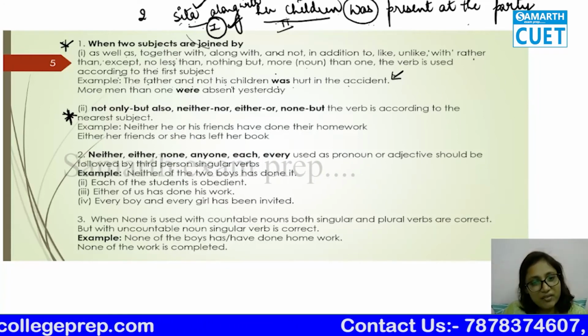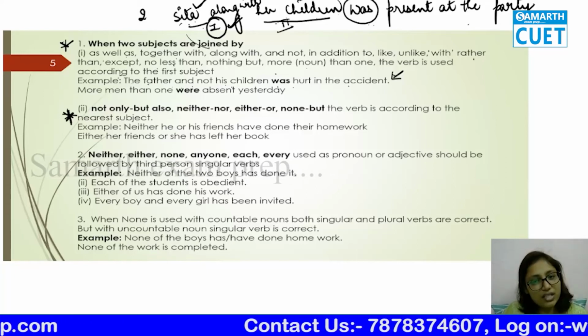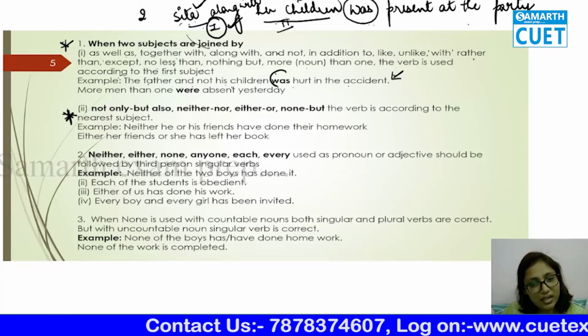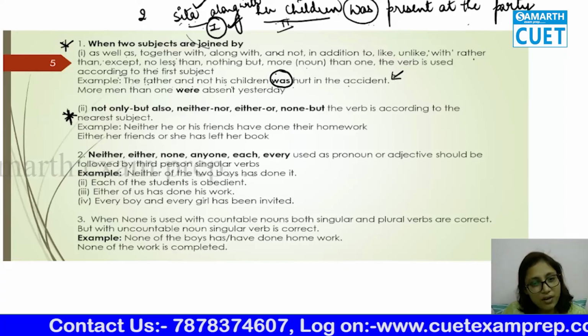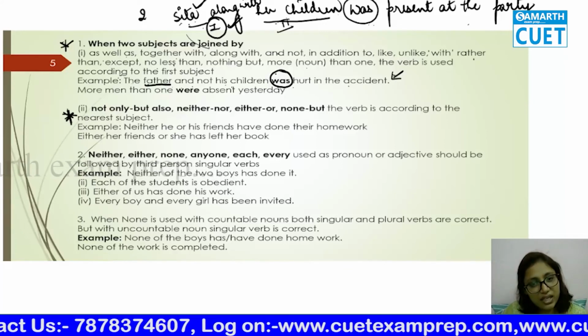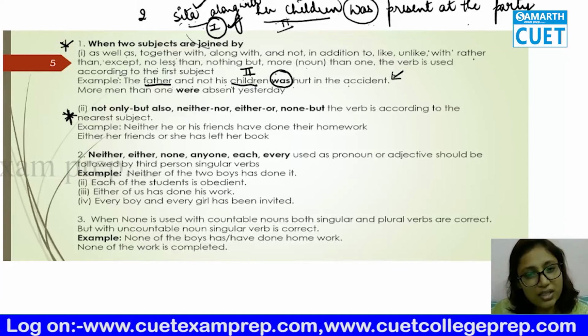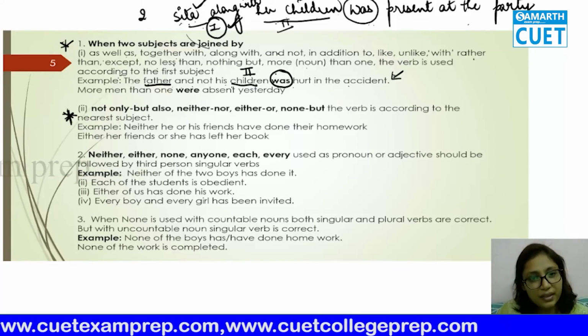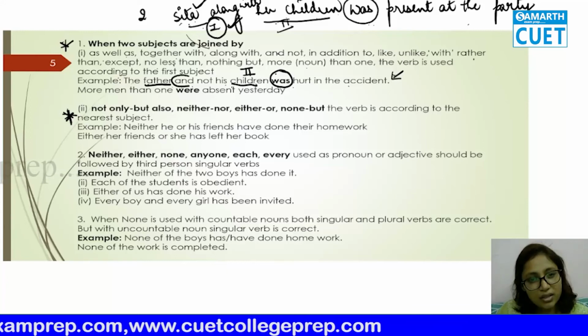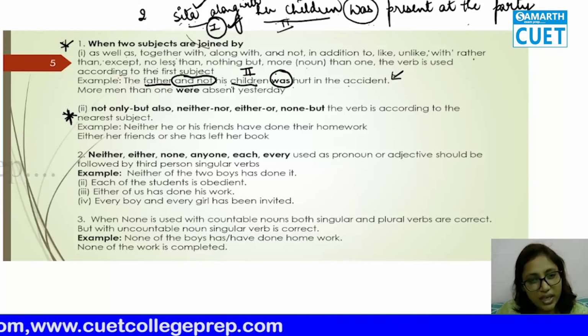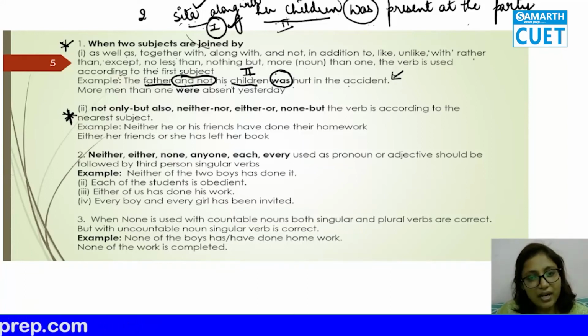So there is the first subject and here is the second subject. The first subject and second subject are connected with "and not," so we are going to use the verb according to the first subject.